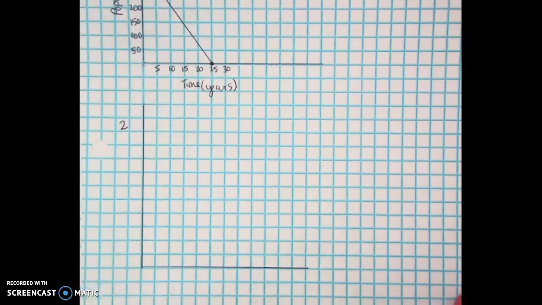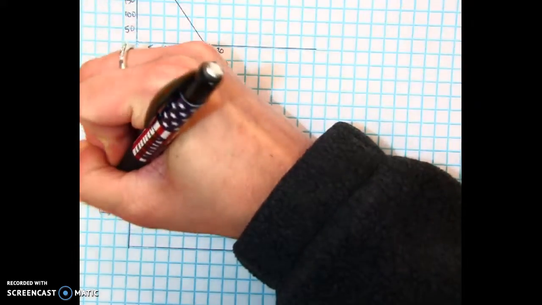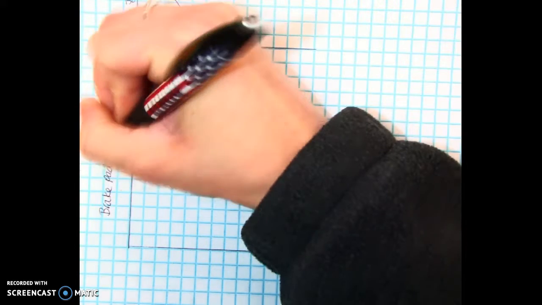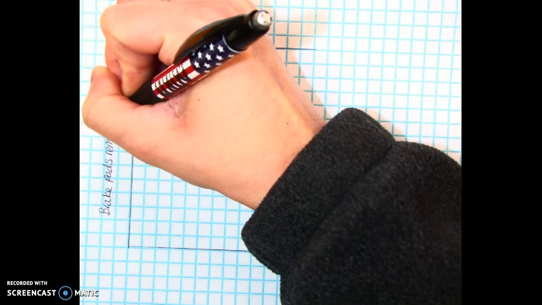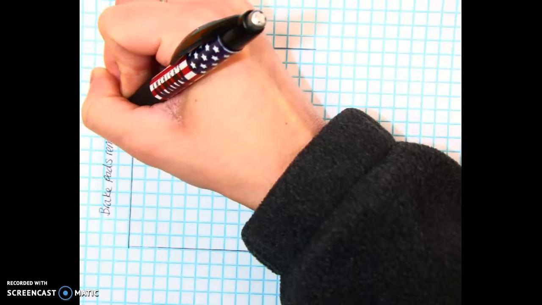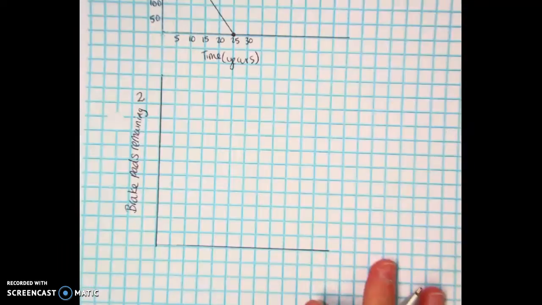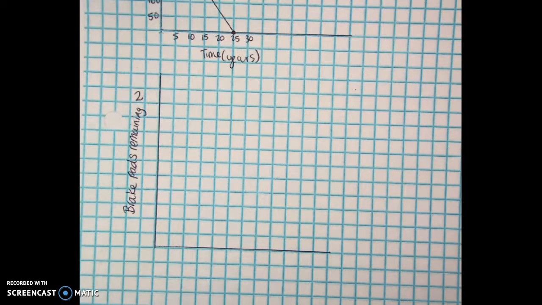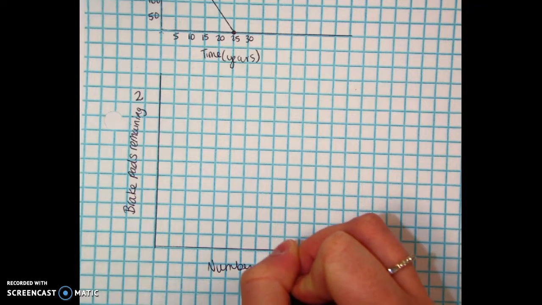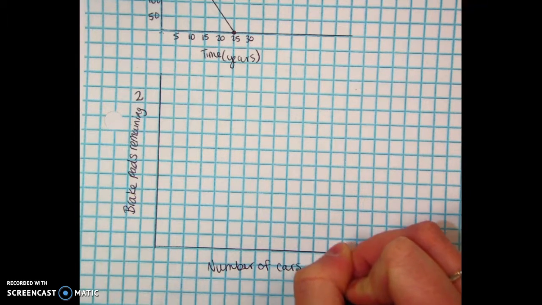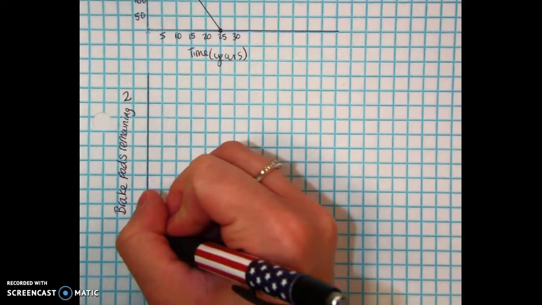Okay, so y-axis, this is the number of brake pads remaining. Sorry, I forgot how to spell remaining there for a second. And then down here is the number of cars. Okay, this goes by 50s.